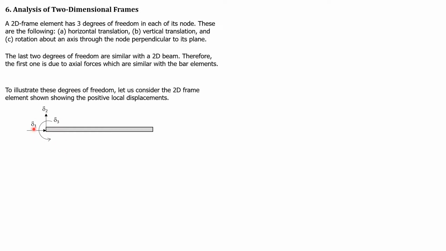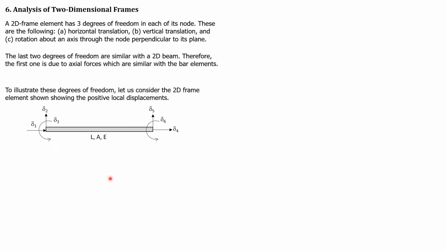And the rotation is delta 3. It may be represented by K13. Then we have delta 4, horizontal movement, delta 5, vertical movement, positive displacement, and positive rotation counterclockwise, delta 6.